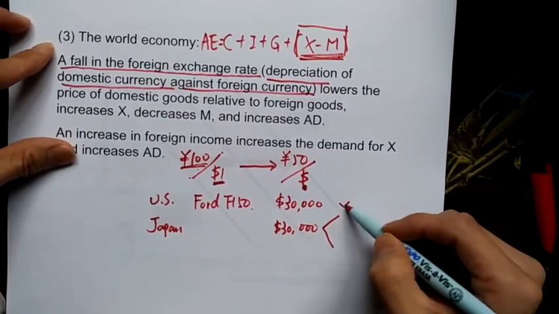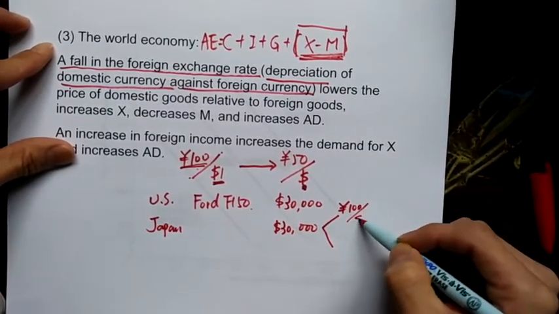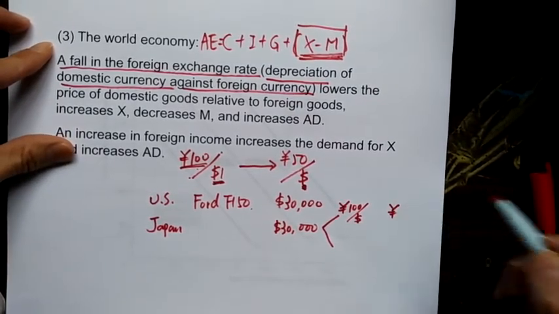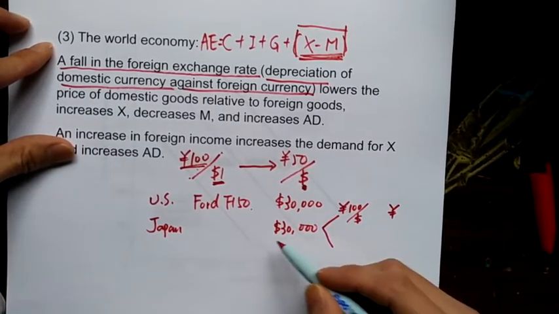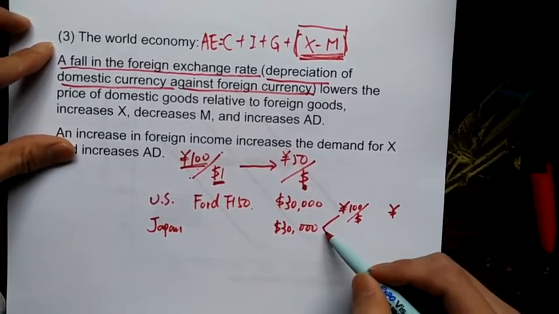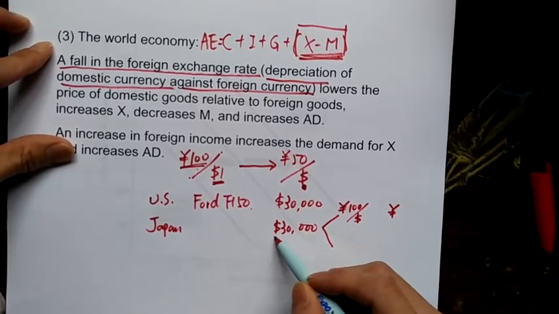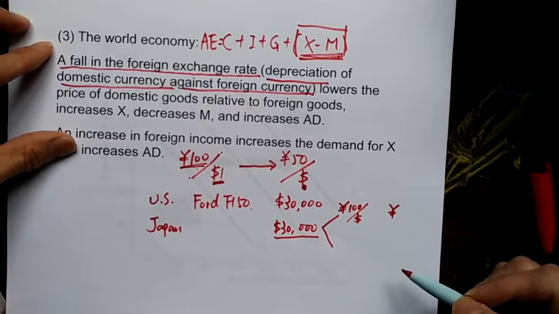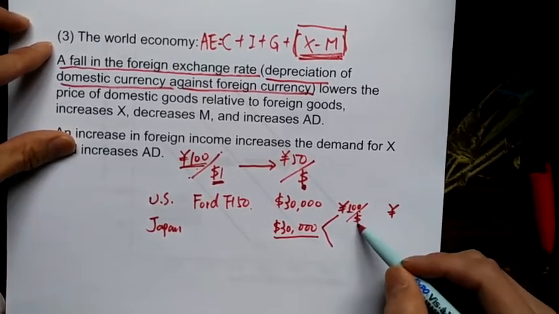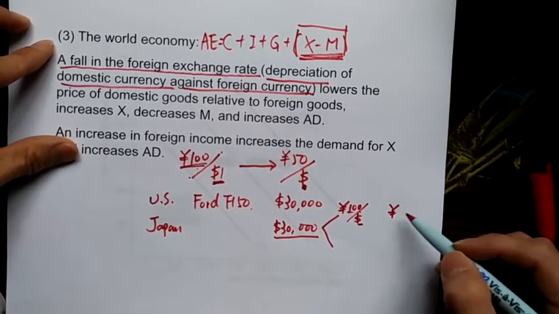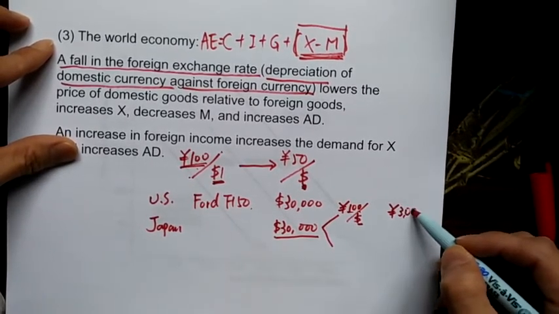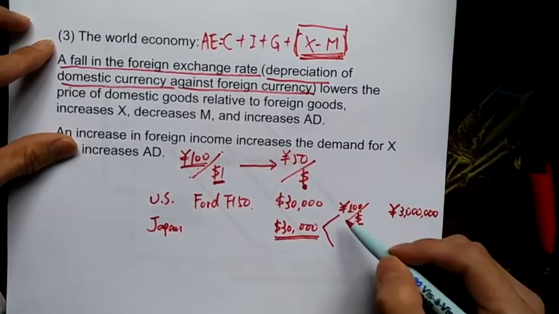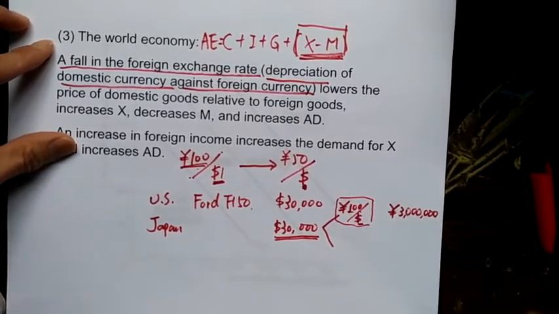When the exchange rate is 100 yen per dollar, how many yen does the Japanese buyer have to use to buy $30,000? They use 100 yen to buy a dollar. Therefore, they need 3 million yen to buy $30,000.